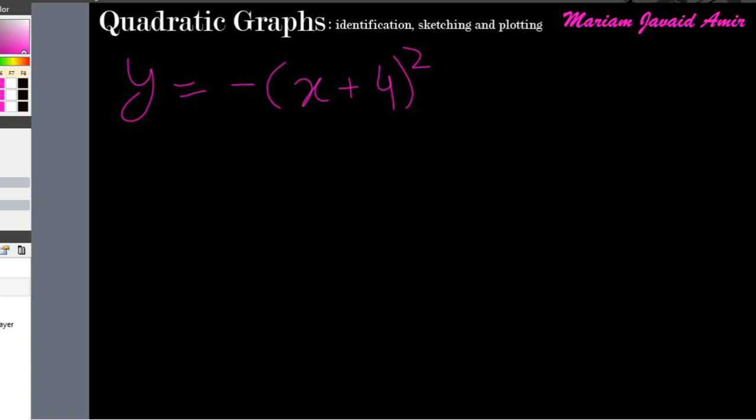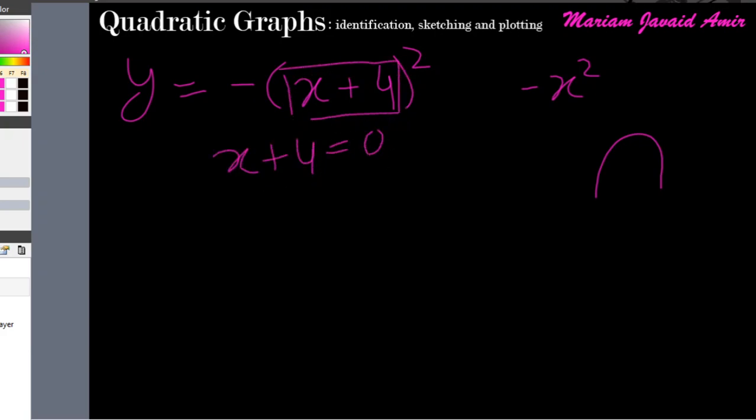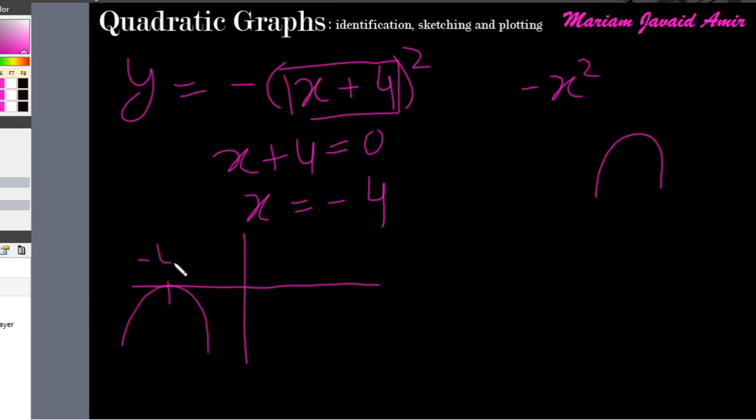Now because of this minus, the equation will have a negative x square coefficient when we open the bracket. So that means now the shape will be an inverted U graph. So it will be something like this, and the rest of the working will be the same. When you substitute x plus 4 equals 0, we get x equals -4. So the graph will be of inverted U shape, which will shift 4 units to the left. The rest will remain the same.